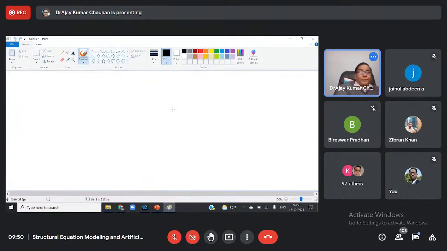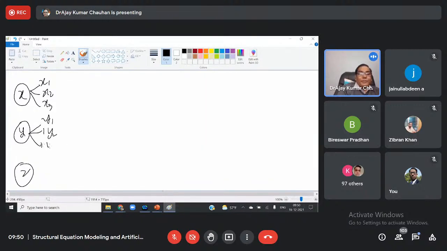So let's say we are having three constructs. This is X, this is Y, and this is Z. X is measured by X1, X2, and X3, and Y is measured by Y1, Y2, and Y3, and then Z1, Z2, Z3.